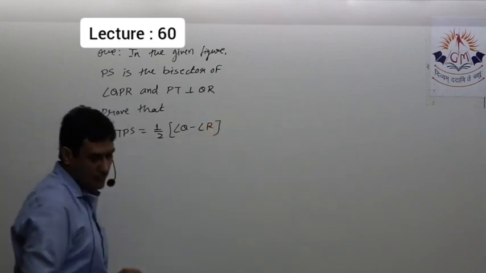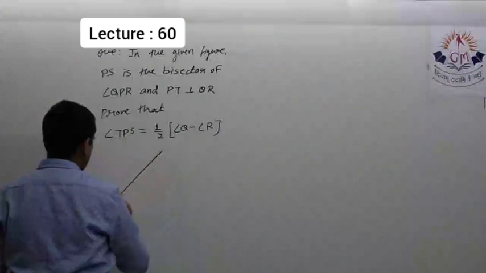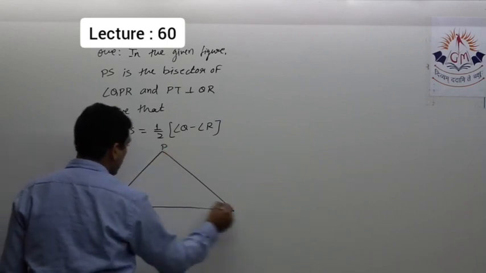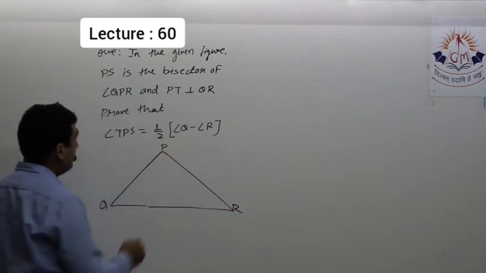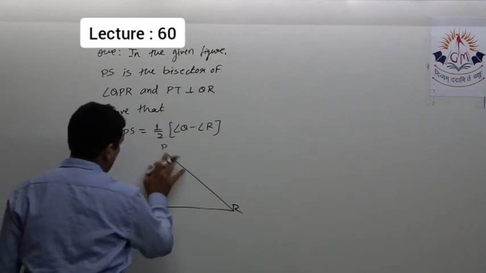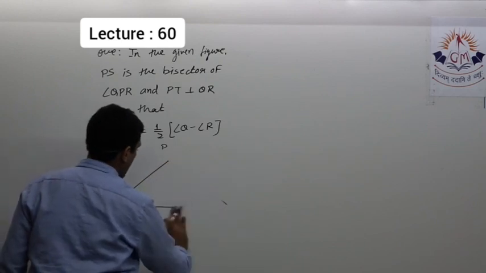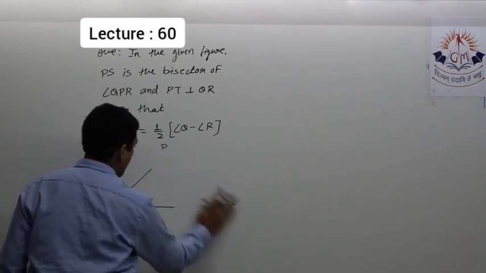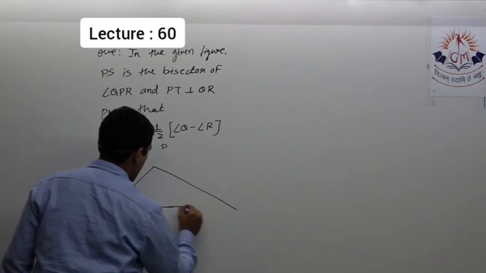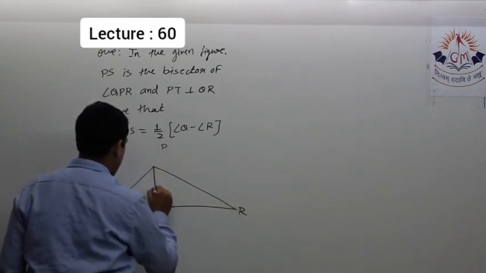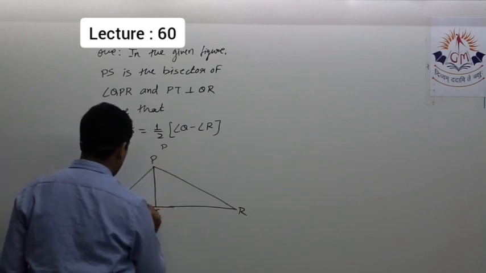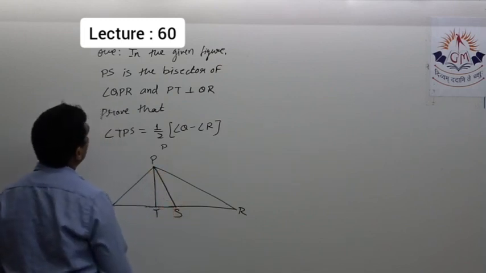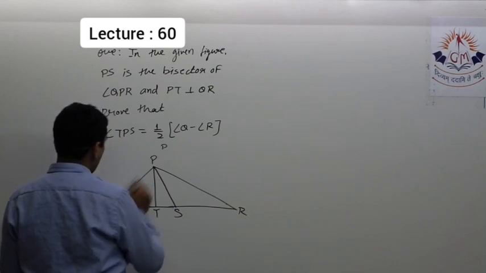Okay, so let me draw the diagram. This is triangle PQR, PT perpendicular to QR, and this is PS which bisects angle QPR.